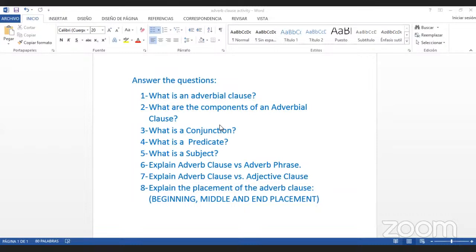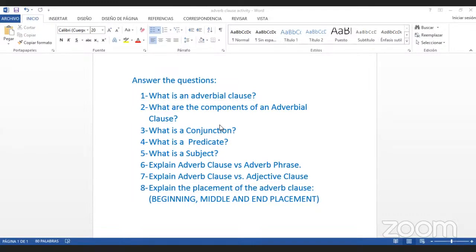Okay, so the first one. What is an adverbial clause? As you can hear in the videos and information that I bring here today, an adverbial clause is a group of words that together function as an adverb.